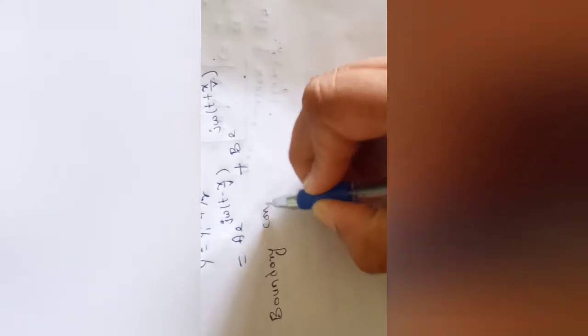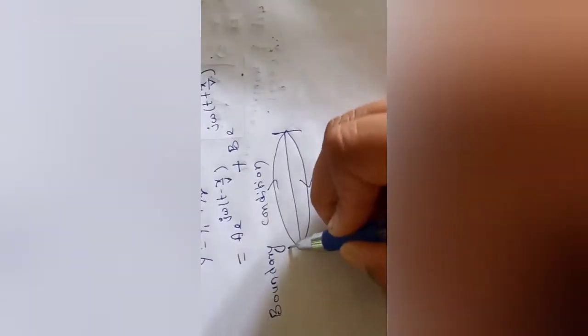Now as this is clamped at both ends, let us write the boundary conditions for this string.